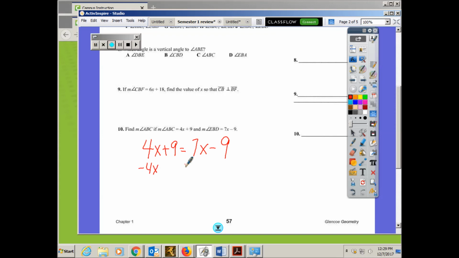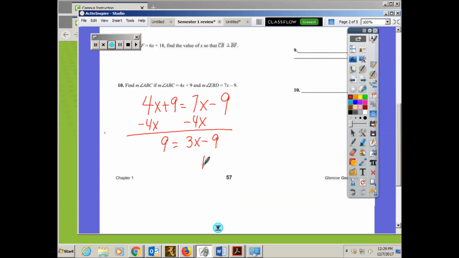So I'm going to subtract the variable with the smaller coefficient first. 9 equals 3x minus 9. Then I'm going to add 9 to both sides. 18 equals 3x, x equals 6.